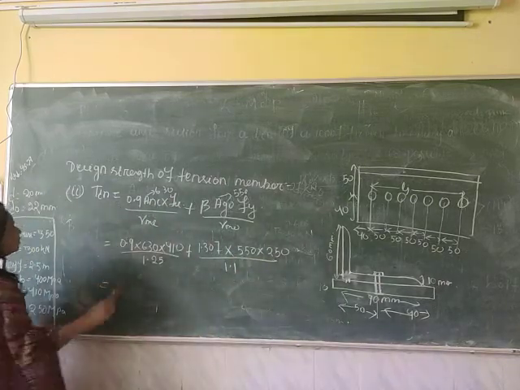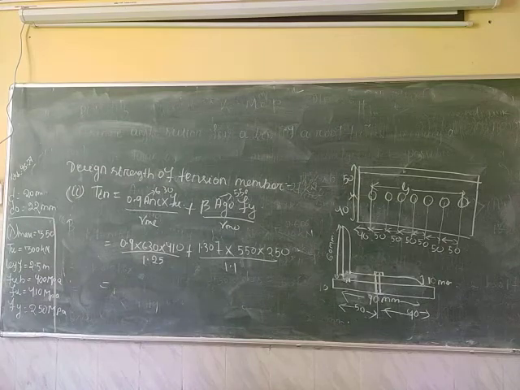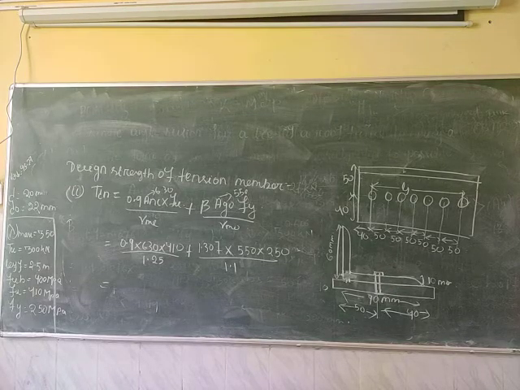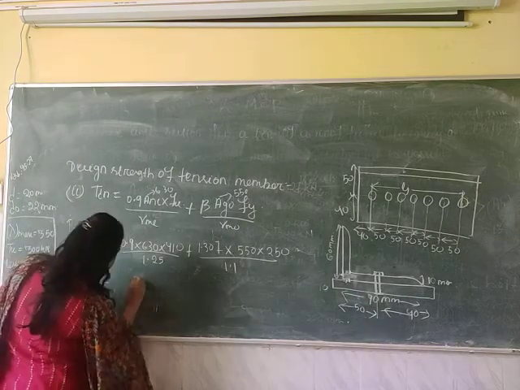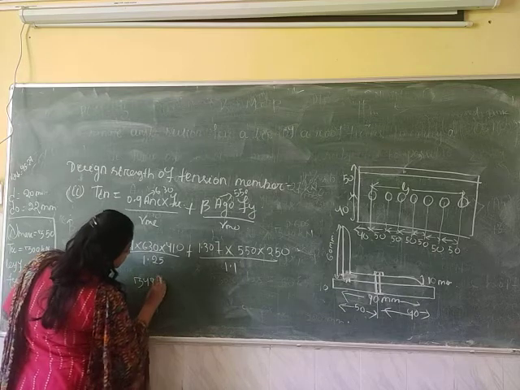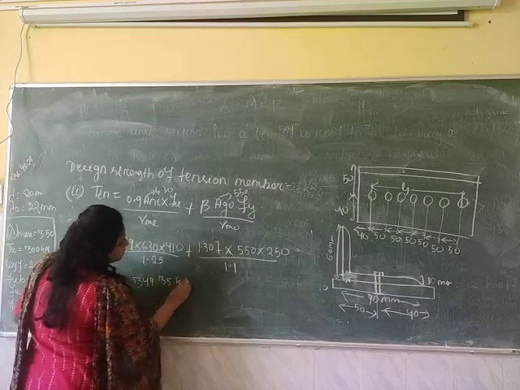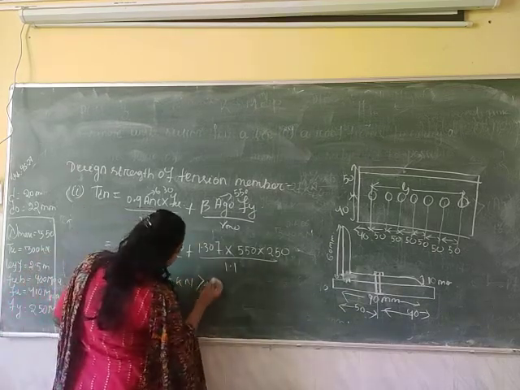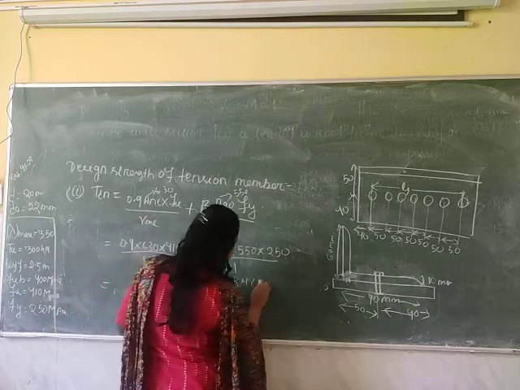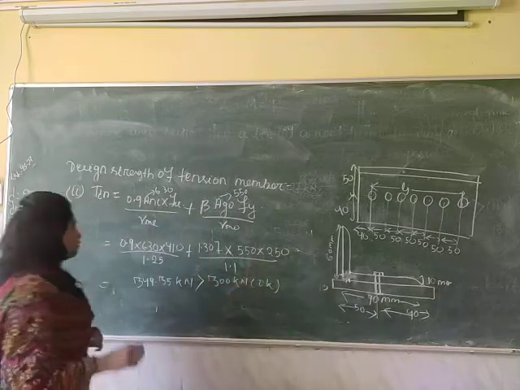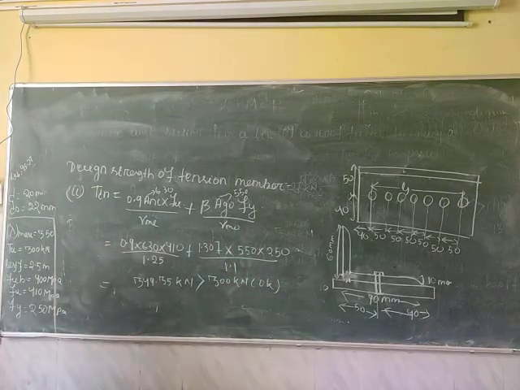So, the rupture strength of the tension member is coming 349.35 kilonewton, which is greater than the applied tensile load, that is 300 kilonewton.